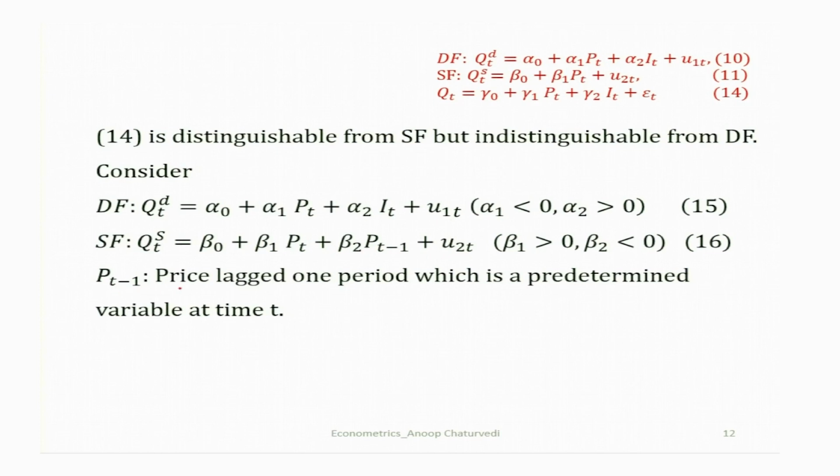P t minus 1 is price lagged one period. So, at time t, P t minus 1 is a predetermined variable. So, we presume that the supply not only depends upon the current price, it also depends upon the one period lagged price.